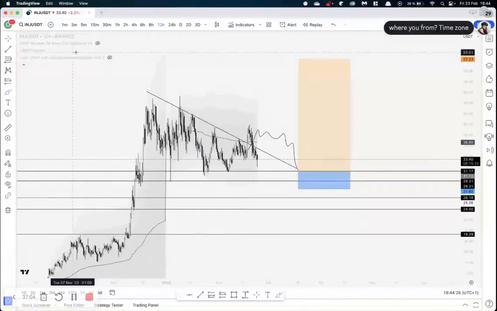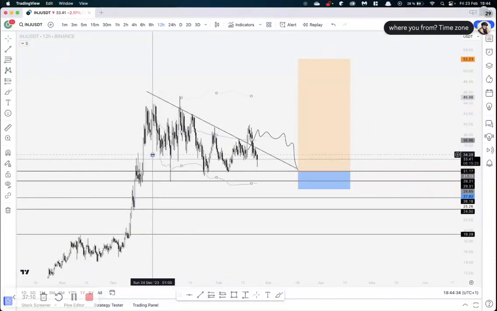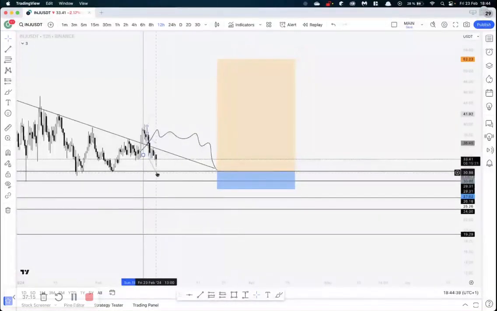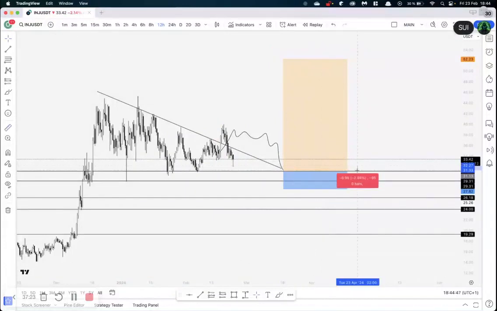Turn off this. And which one was it? This standard deviation band down there. So yeah, that's the idea. I have a long limit down here, so I missed it by a few percent.